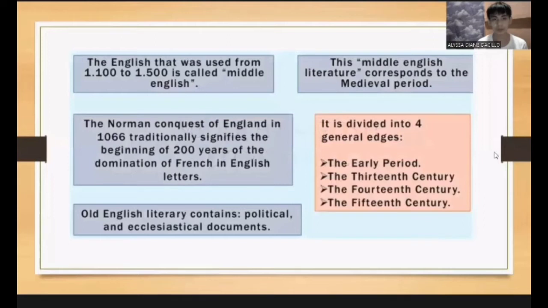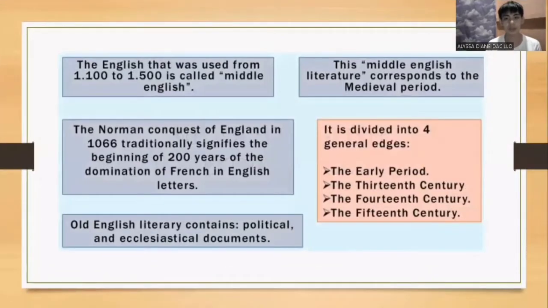So first, we have the English that was used from the 1100s to the 1500s, Middle English. The Middle English language, the vernacular spoken and written in England from about the 1100s to about the 1500s, is the descendant of the Old English language and the ancestor of modern English.